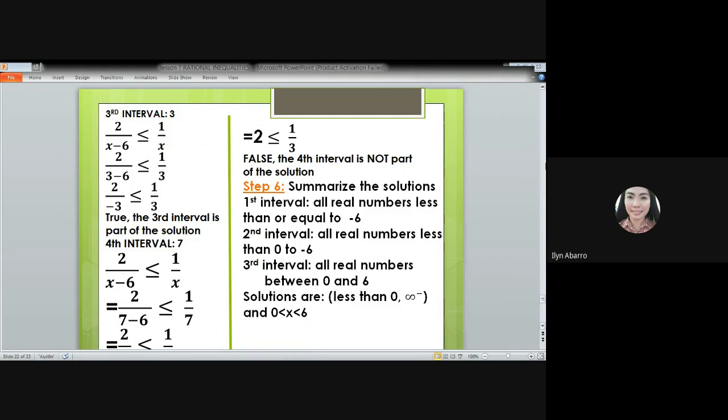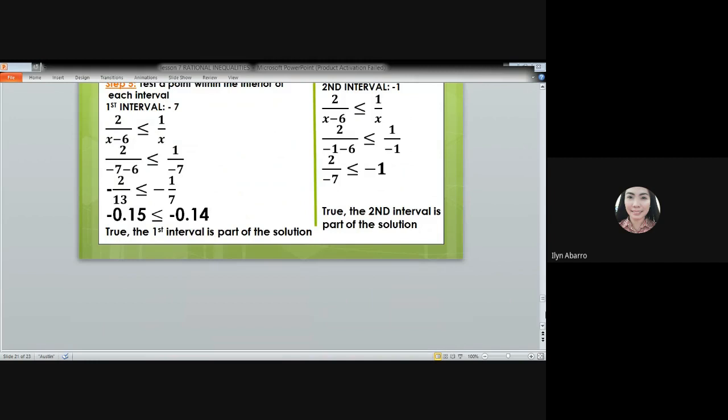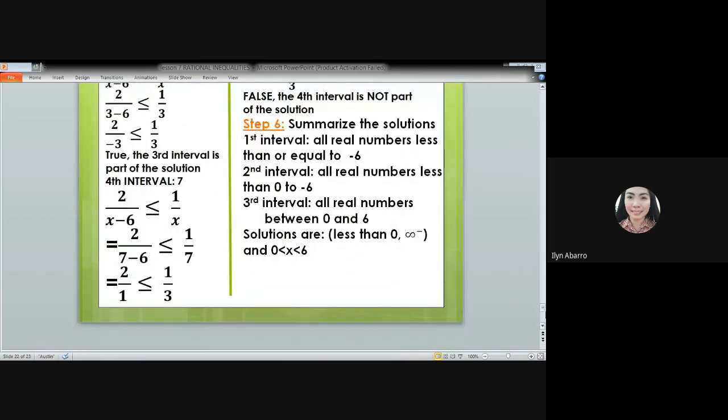Let's test the fourth interval. So fourth interval are those numbers greater than 6. So let's choose 7. In place of x, we will substitute 7. It will become 2 over 7 minus 6 is less than or equal to 1/7. 2 over 7 minus 6 is 1, is less than or equal to... why is it 1/3?